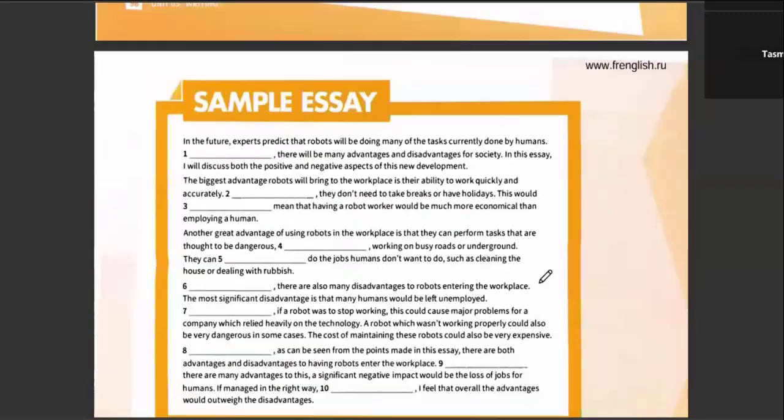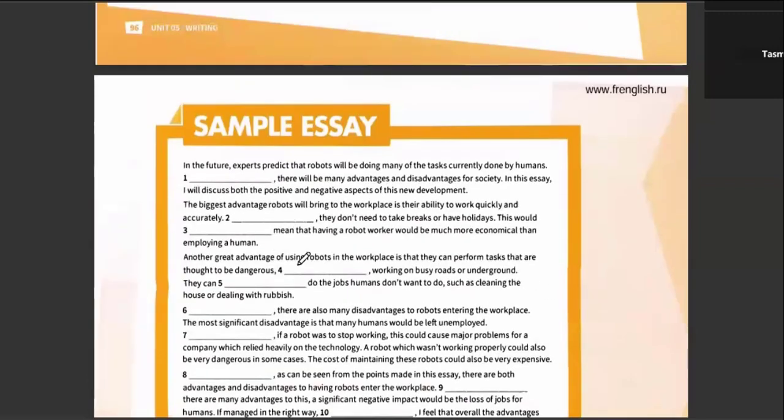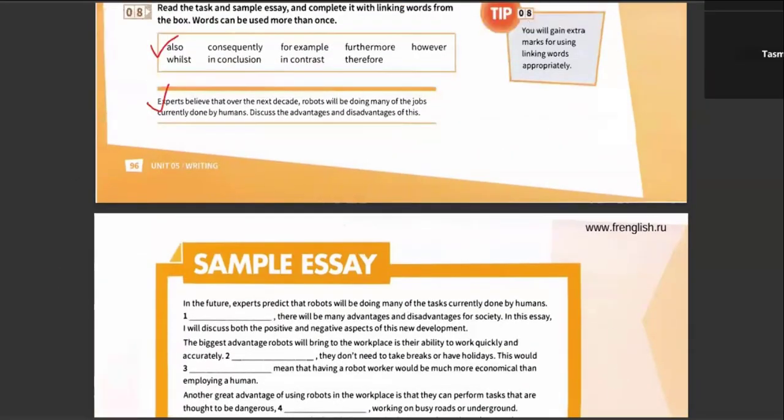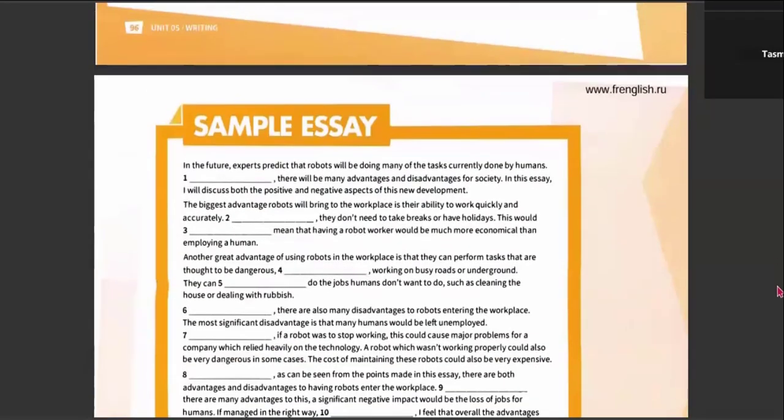So now it sums up everything. This sample essay is summing up this whole lesson that we learned from the very beginning. We learned how we can describe the advantages and disadvantages for essays, and then we learned how we can plan a complete essay. That is by firstly analyzing the task, and then by brainstorming the ideas, and lastly, how we should structure the ideas that we got by brainstorming.